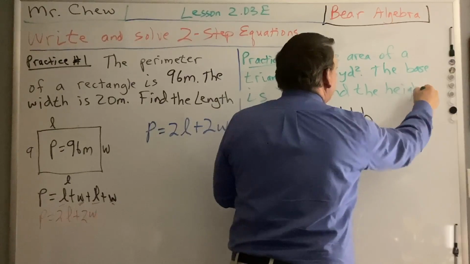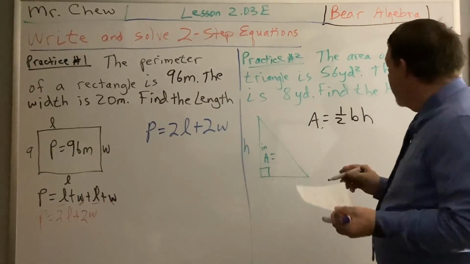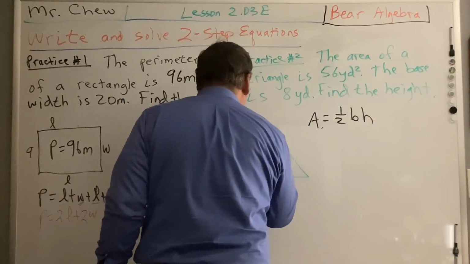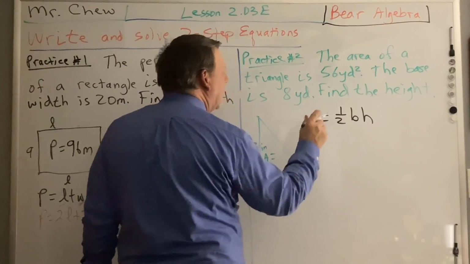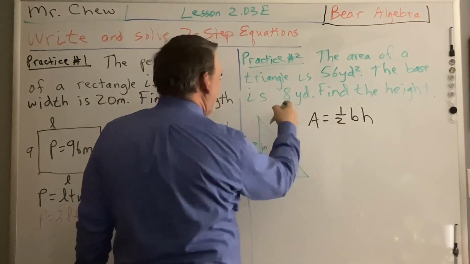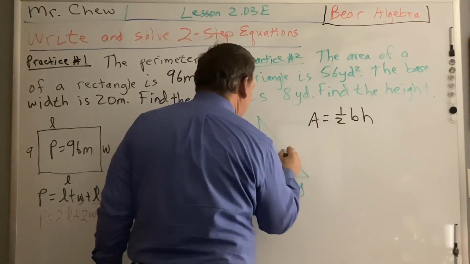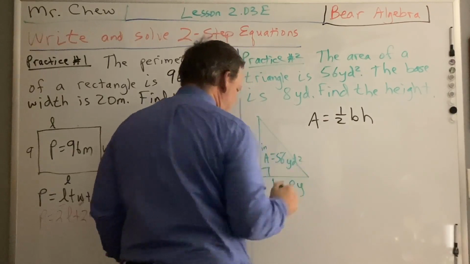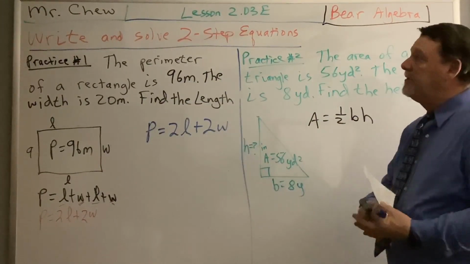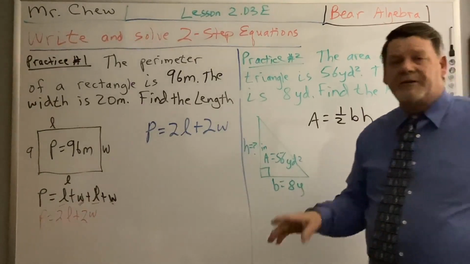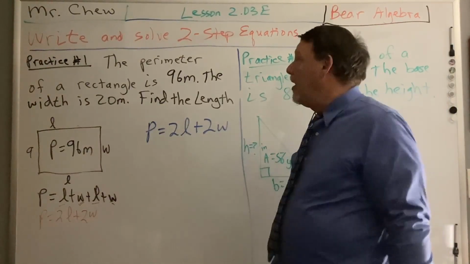So you still use the formulas. I've got the formula here. And you just plug it in. So we don't know the height now, so we'll put a question mark there. We know the base here is 8 yards. And we know the area is 56 yards squared. So substitute, write the equations, and solve. I give you both your equations. Not that hard. It's just a matter of practicing it. And you will get better if you practice your algebra.